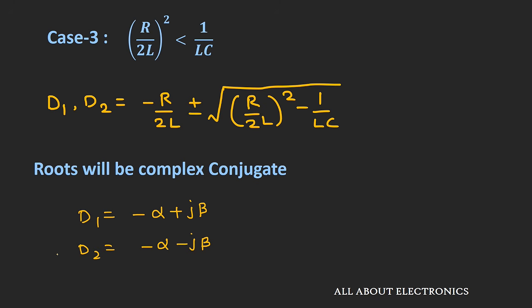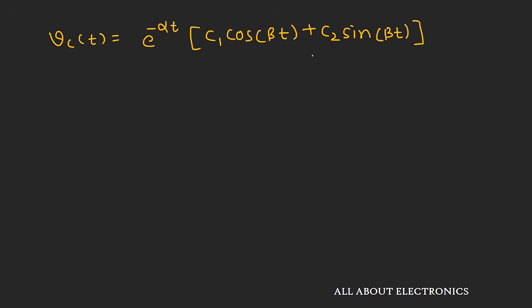So we will get these two roots, and the solution Vc of t can be given as e to the power minus alpha t into (C1 cos beta t plus C2 sin beta t). And once again we can find the values of C1 and C2 by using the initial conditions.